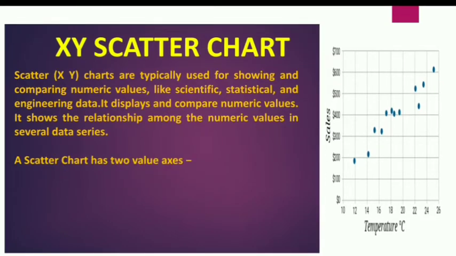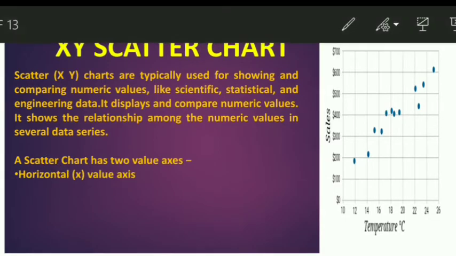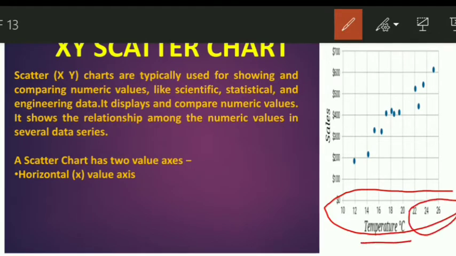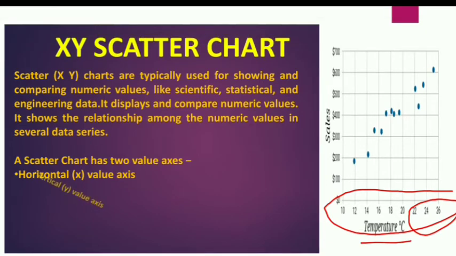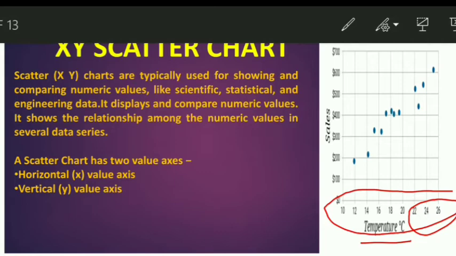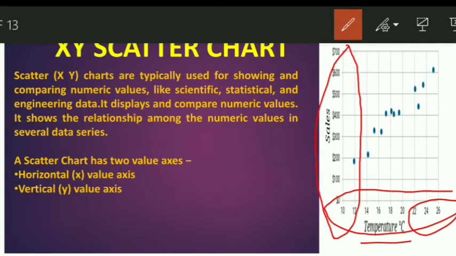A scatter chart has two value axes. One is the horizontal value axis, this one, which is showing the values and is representing temperature. And the next is the vertical axis, the y-axis. This is the vertical y-axis. And these are the dots which are not in a straight line, in a haphazard manner, scattered here and there.